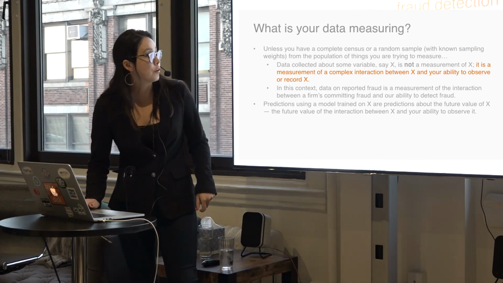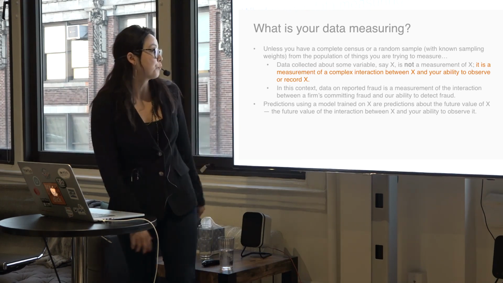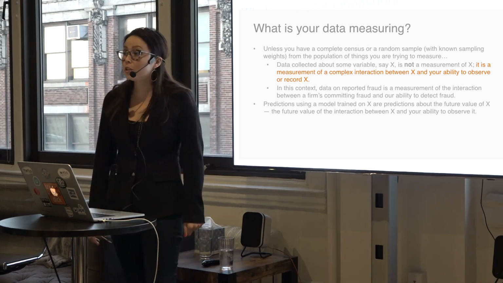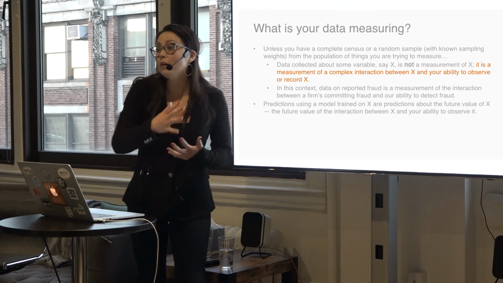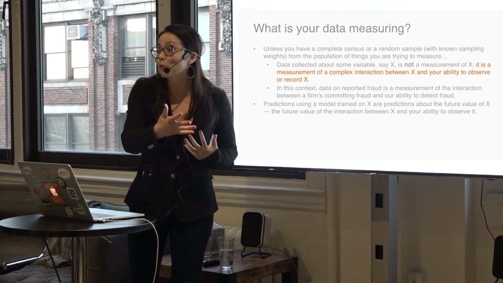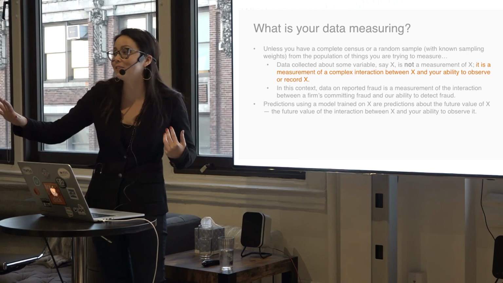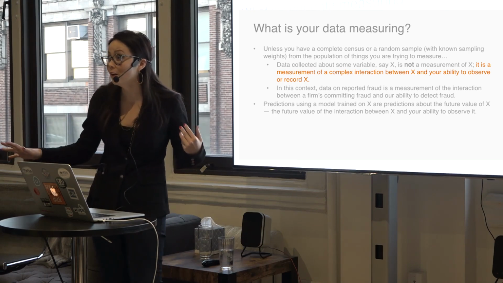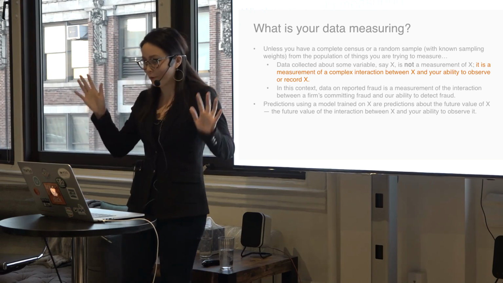It's not actually measuring fraudiness itself. And when we make predictions on the basis of that model, we're not really making predictions about X, but about our ability to observe X in the future, or some complex combination of the existence of X in the future and our ability to observe it. It's a little bit heady, but I think with the example, maybe we can all get there.